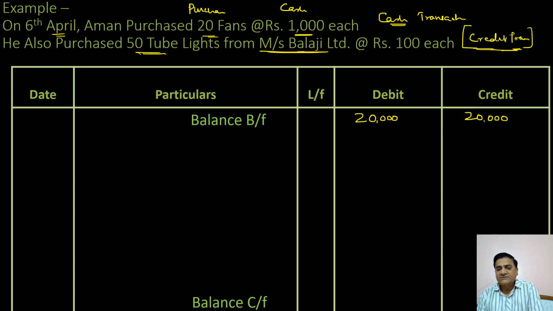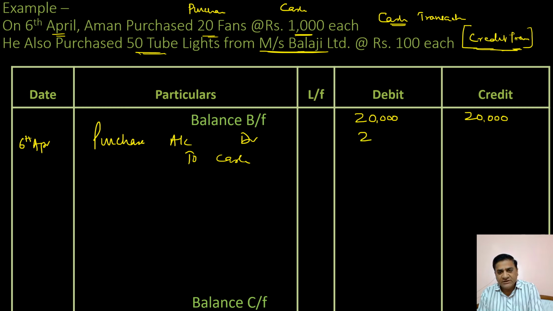So how do we pass the journal entry? First, on 6th of April, I would say purchases account debit to cash. How much is that? 20 fans into 1000 is 20,000 on the debit side, 20,000 on the credit side.